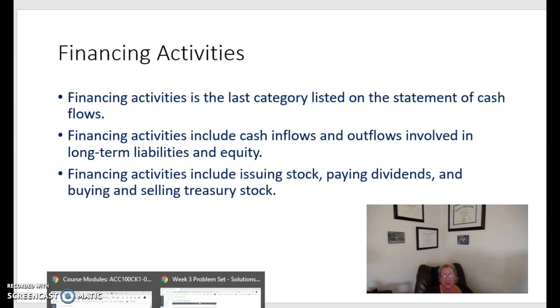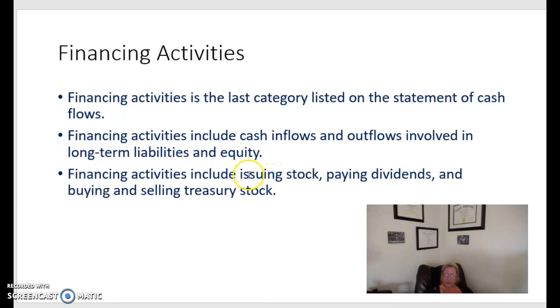Am I issuing stock? Am I paying a dividend? Did I take out a loan in order to buy a piece of equipment? How am I financing this business? These are some of the questions that you would ask yourself when you are looking at the transactions and deciding, is this transaction an operating transaction, an investing transaction, or a financing transaction?